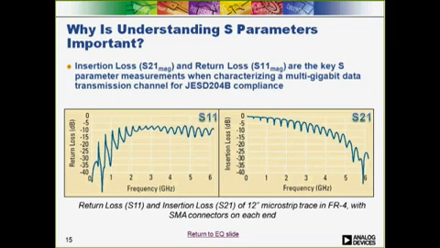The pictures here show examples of return loss and insertion loss. This is real data from a network analyzer where we measured a 12-inch microstrip trace on an FR4 board that had SMA connectors on either end.